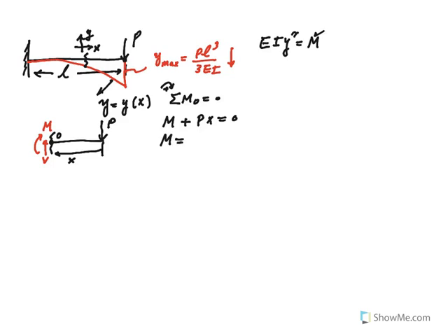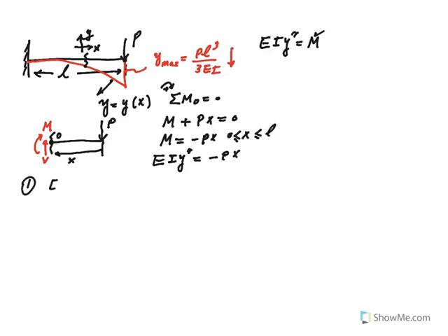M equal minus Px, which is totally different than in the previous video when we used the left side. Anyways, this is also valid for the whole length of the beam. Now we can start our integration. So EIy'' equal M, that's minus Px.